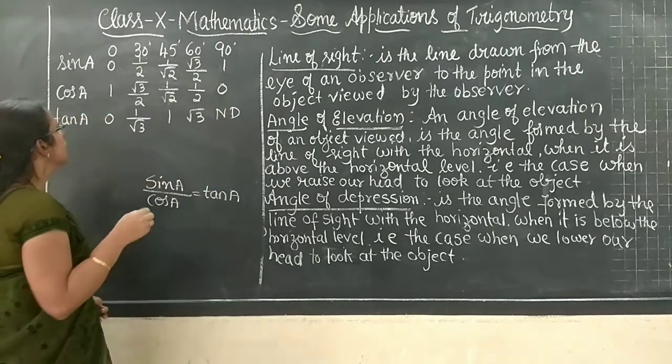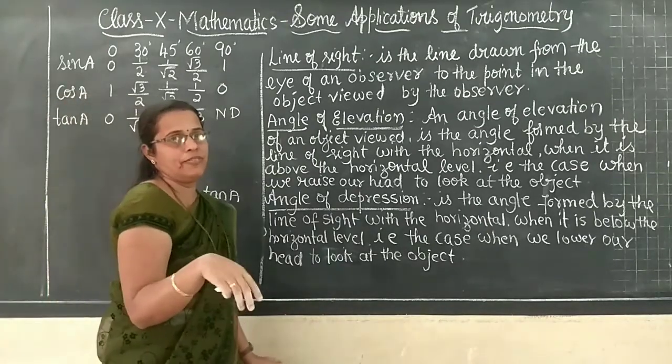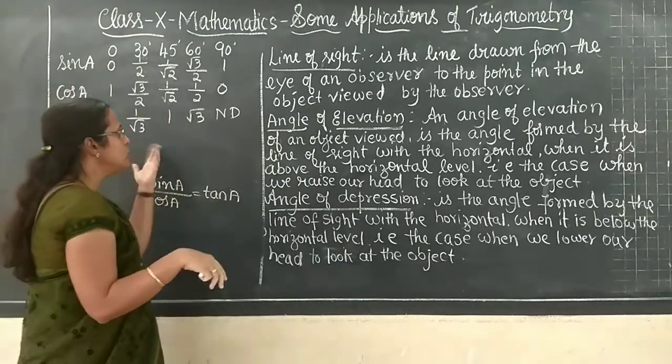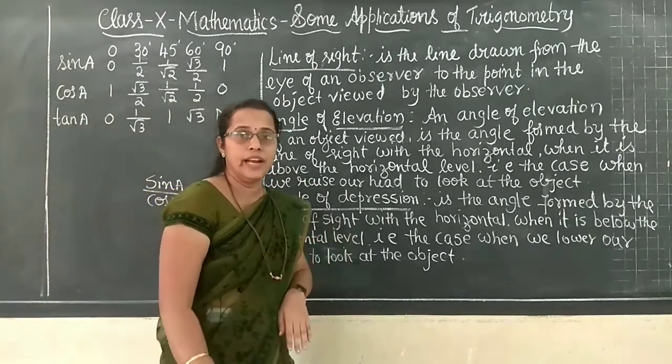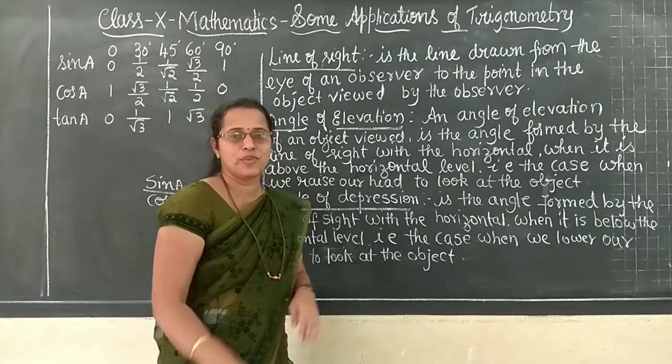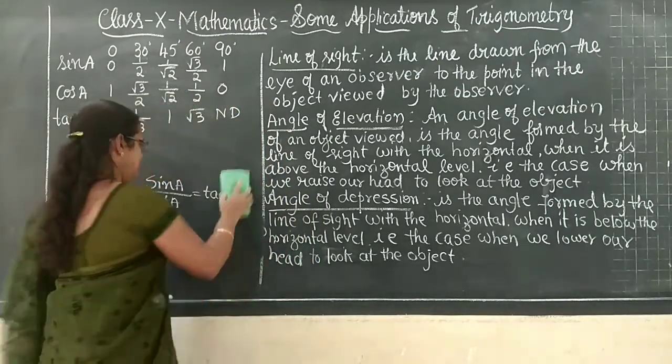Like this, if you know these three values, that is more than enough. Let us see how it is related in the exercise problems, children. So let us move to the exercise problem.